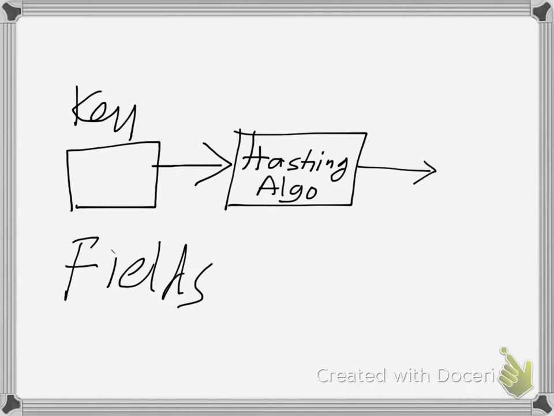Hashing algorithm, and the output of the hashing algorithm is something that is called a hash key.